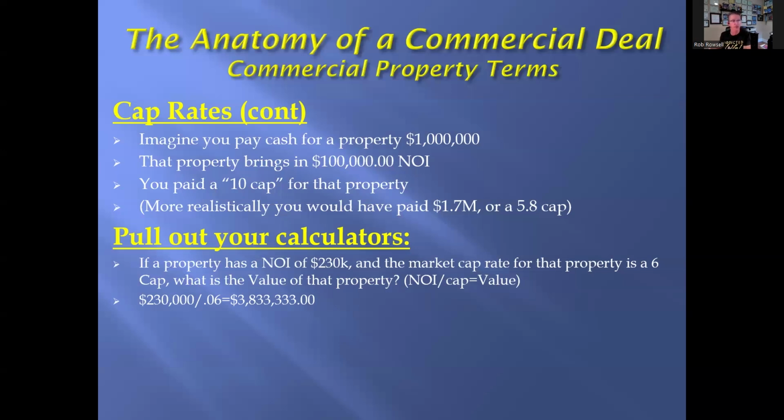We'll talk about how to know what the market cap rates are here in just a moment. But if I know the cap rate based upon my investigation, my due diligence, and my relationships in the market, and I know that cap rate is a 6 in my example, and I know that income's 230, and I know this seller is asking for $5 million for this $3.8 million property, I know he's priced too high.